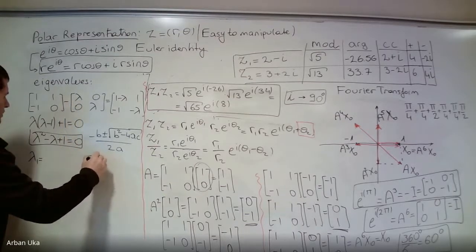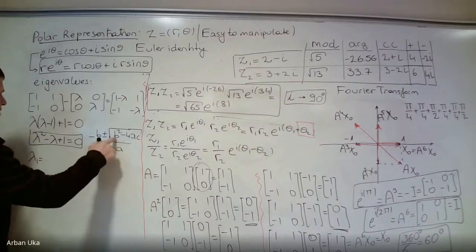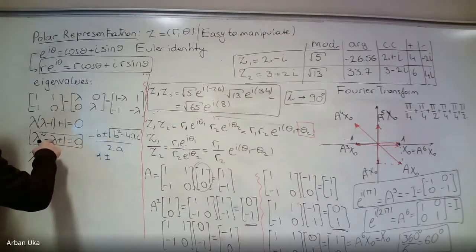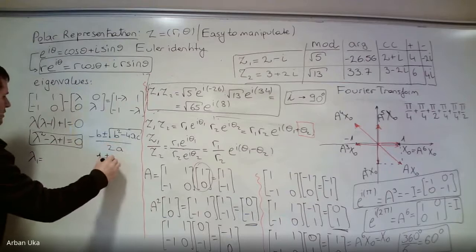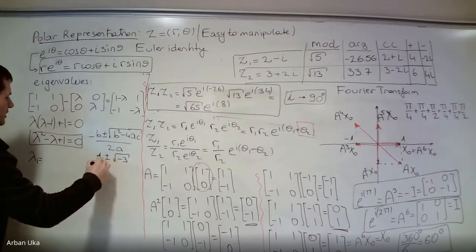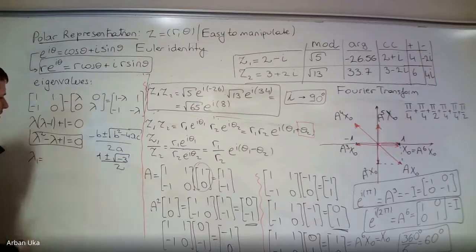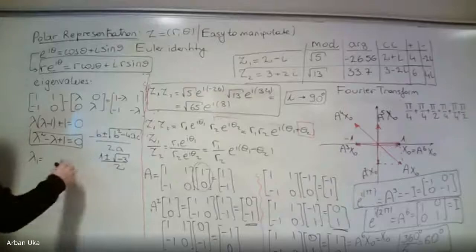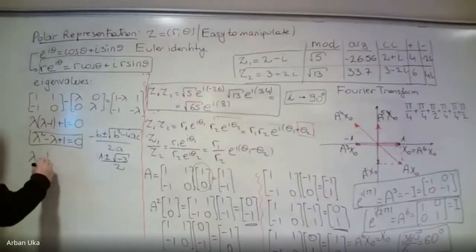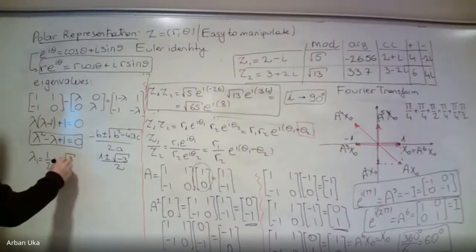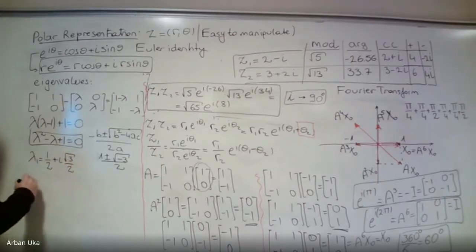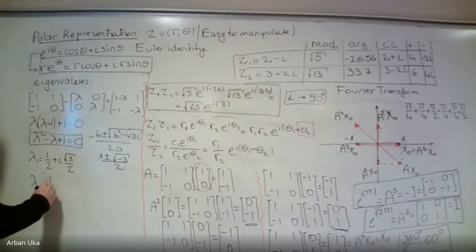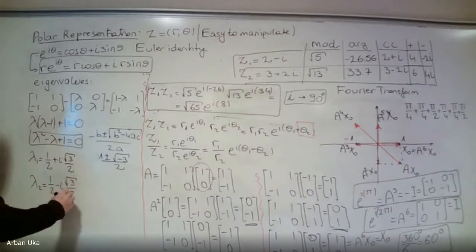It's 1, plus or minus the square root of b squared, which is 1, minus 4, this is the square root of minus 3. Would you agree? Yes, right. Okay, so lambda 1 is equal to 1 over 2 plus i square root of 3 over 2. And lambda 2 is equal to 1 over 2 minus i square root of 3 over 2.